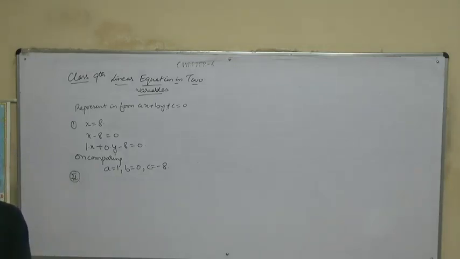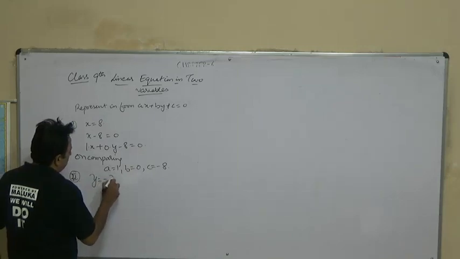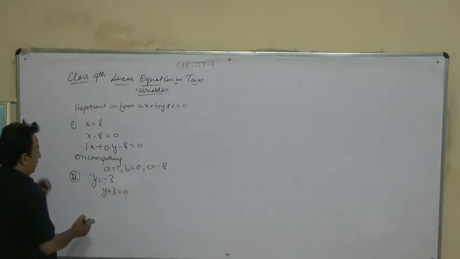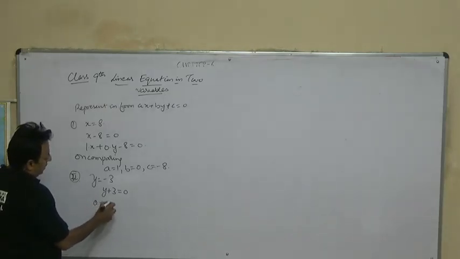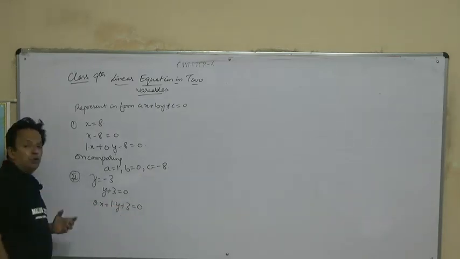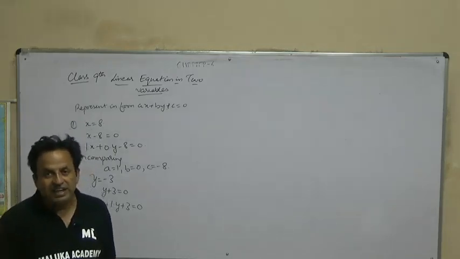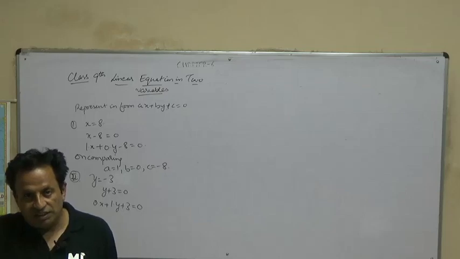Then the second part of it is y is equal to minus 3. So y plus 3 is equal to 0. But taking it in the standard form, it will be 0 into x plus 1 into y plus 3 is equal to 0. So what we are doing here is that the term which is missing, we generate by our own by multiplying that term with 0.